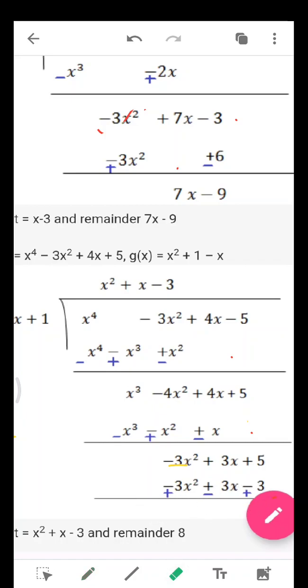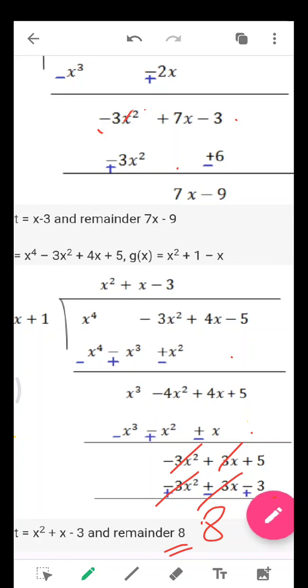So after changing the sign, what can I cancel over here? I can cancel minus 3x square plus 3x square, plus 3x minus 3x, and 5 plus 3 becomes 8. So that 8 is your remainder here.